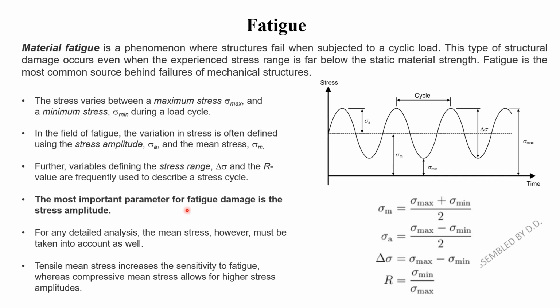The most important parameter for fatigue damage is the stress amplitude. For any detailed analysis, the mean stress, however, must be taken into account as well. Tensile mean stress increases the sensitivity to fatigue, whereas compressive mean stress allows for higher stress amplitudes.